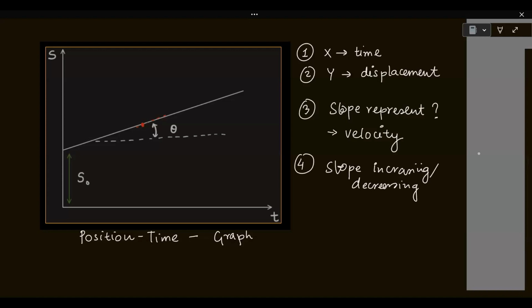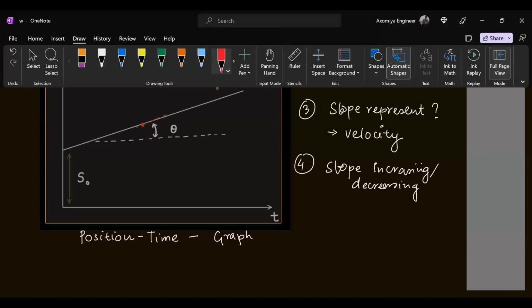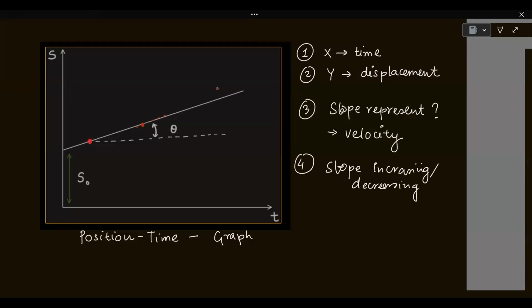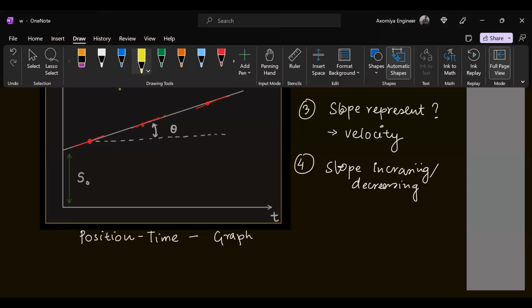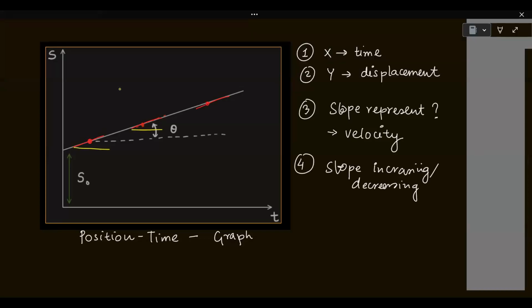How do you know? Because it's a straight line. If you want to check whether the slope is increasing or decreasing, you have to make tangents at different locations. If you make a tangent here, here, and here, and then draw horizontal lines, you'll understand that the angle is not changing.